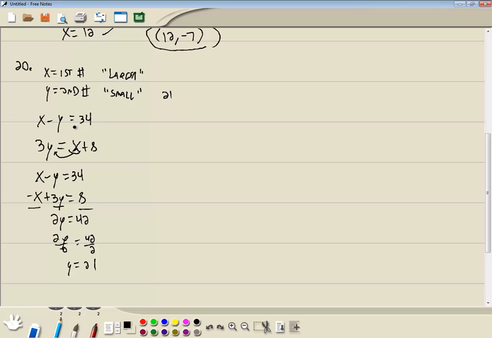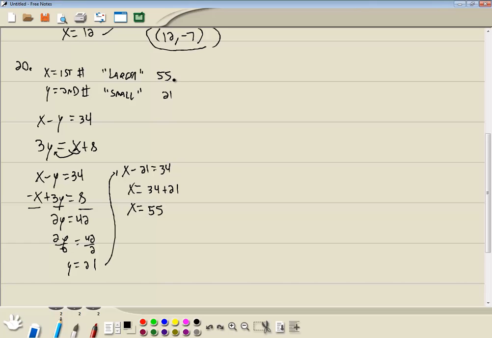Oh no, I guess that could still be valid. Then I want to find out what x is, so I'll plug that into one of my equations. So I've got x minus 21 equals 34. I'll plug the 21 in for y here, then take the 21 over, and we get x is equal to 55.